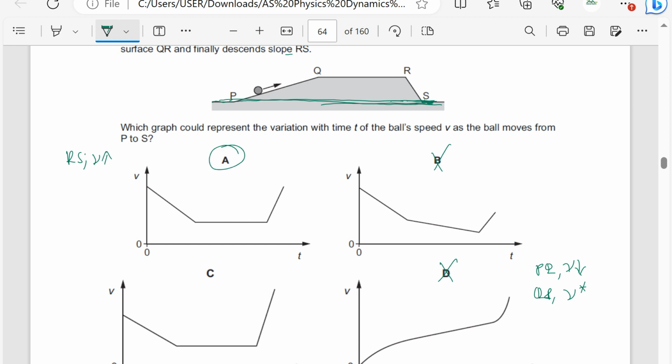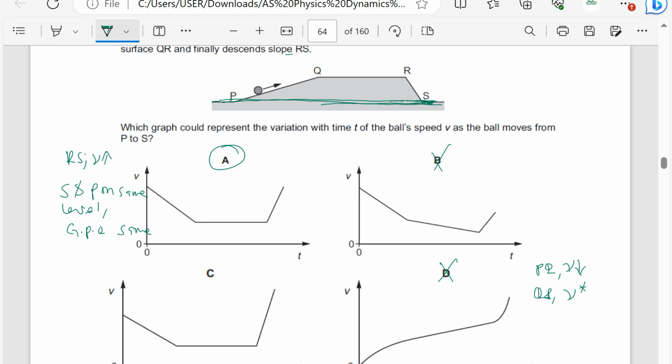Since S and P are on the same level, and remember, there was no friction, the gravitational potential energy is the same.